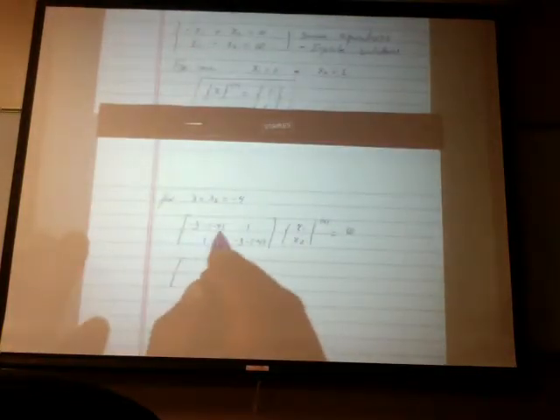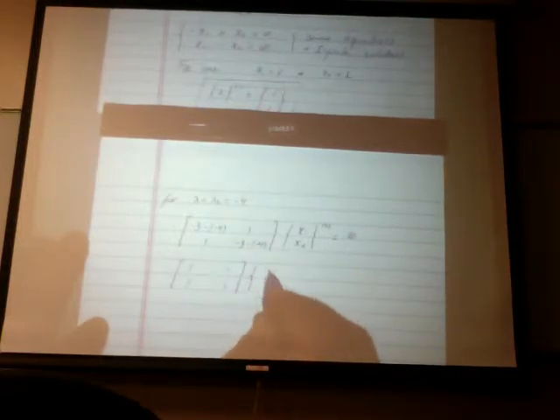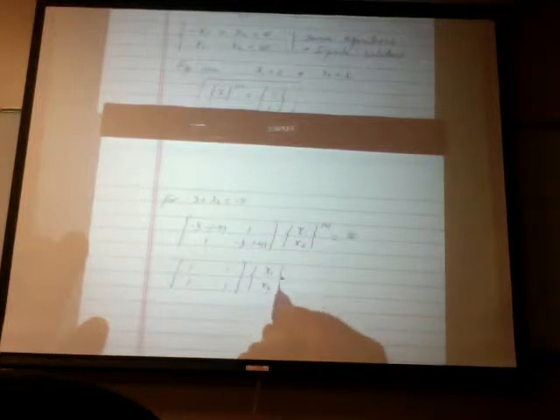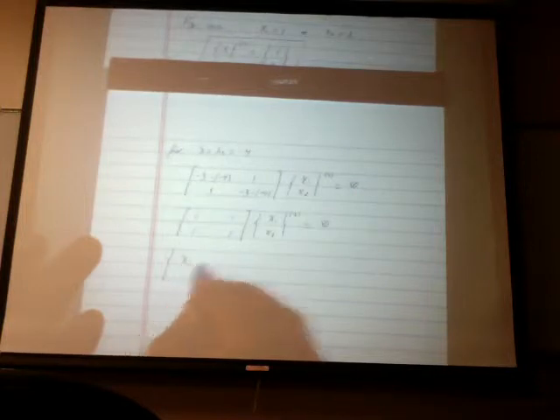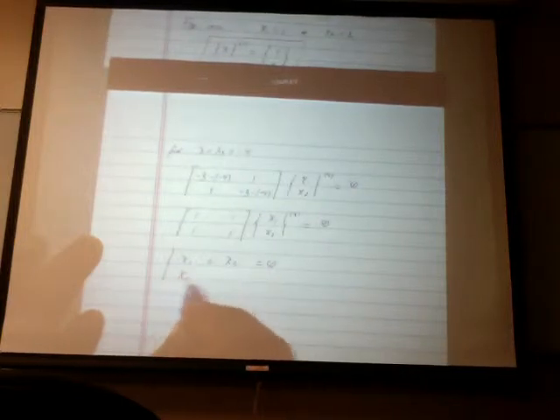So we have -3 plus 4 is 1, 1, 1, -3 plus 4 is 1. So we have that matrix. And now it is even more clear that the two resulting equations will be the same. The resulting equation is x1 plus x2 is equal to 0, while the other one is also x1 plus x2 is equal to 0.